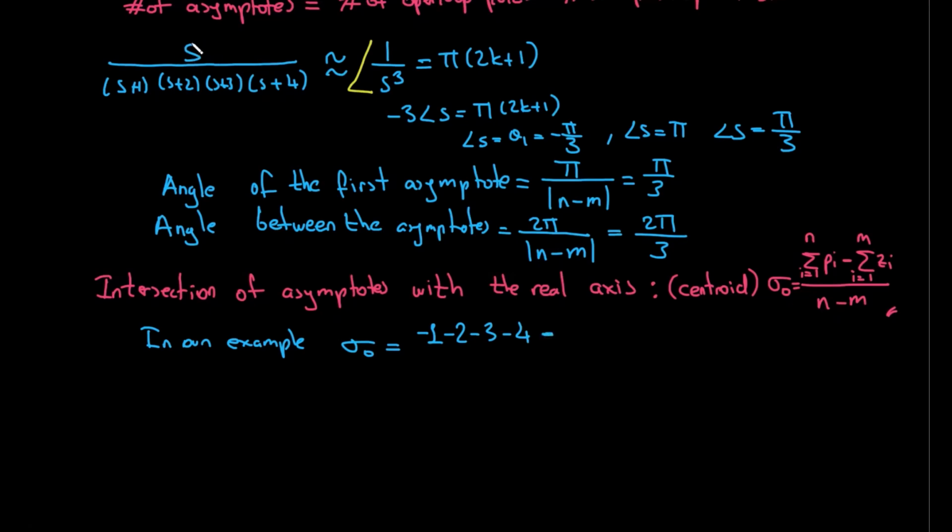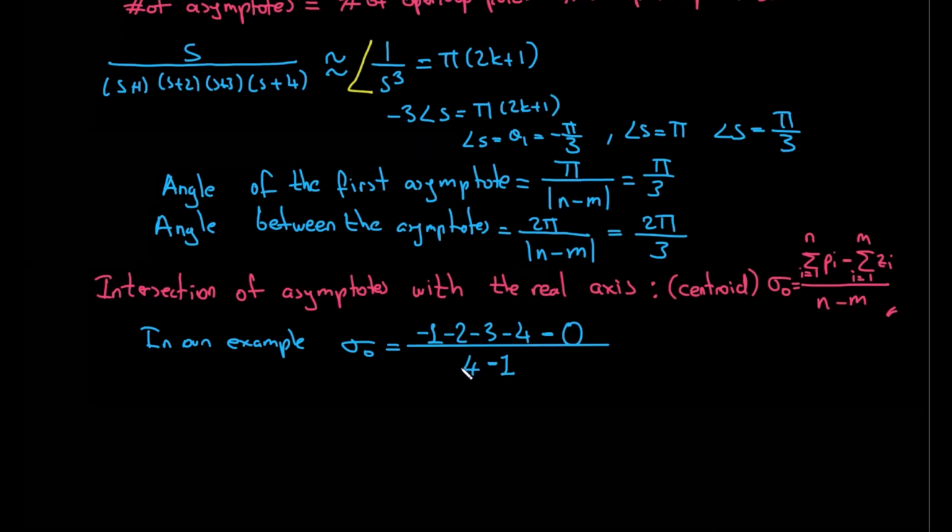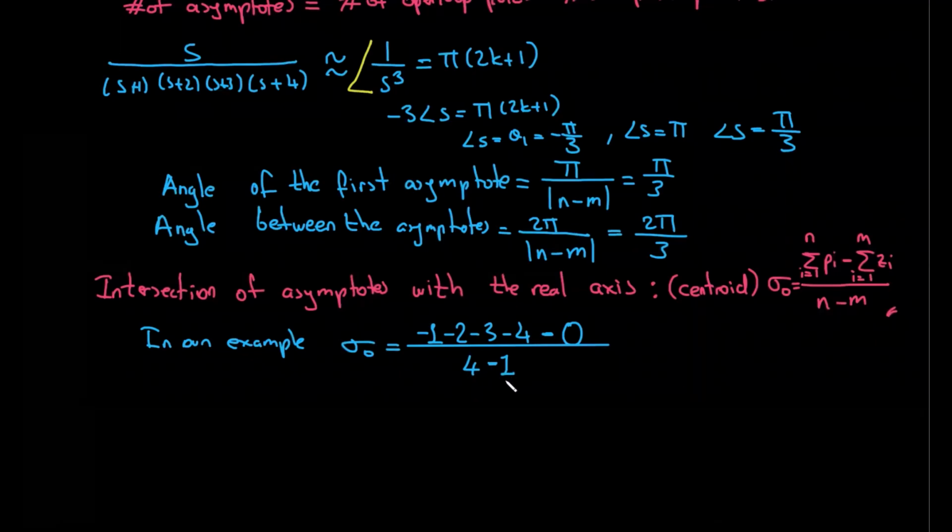And my only open loop zero is at s equal to 0, at the origin. It will be equal to 0. And divide that by 4 minus 1, the degree of the denominator minus the degree of the numerator. Okay, the number of open loop poles minus the number of open loop zeros. So that will be simply equal to minus 10 over 3.